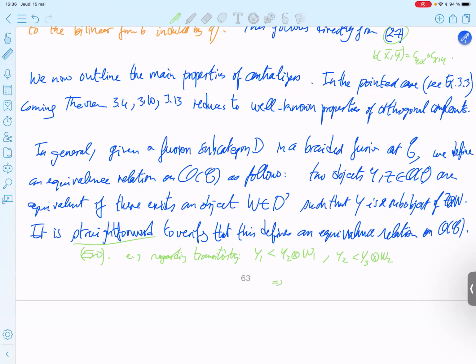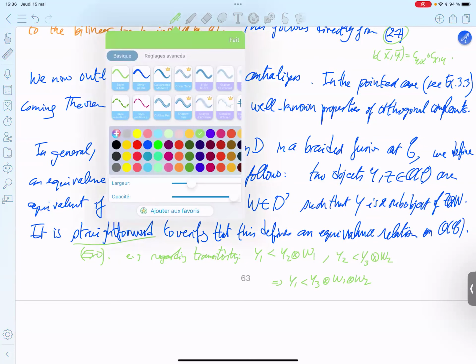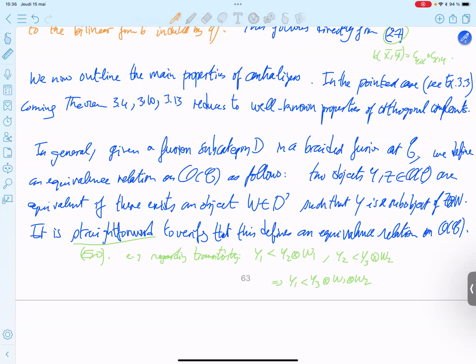This implies that Y1 is a subobject of Y3 tensor W1 tensor W2, but we already know that the centralizer is a fusion subcategory.